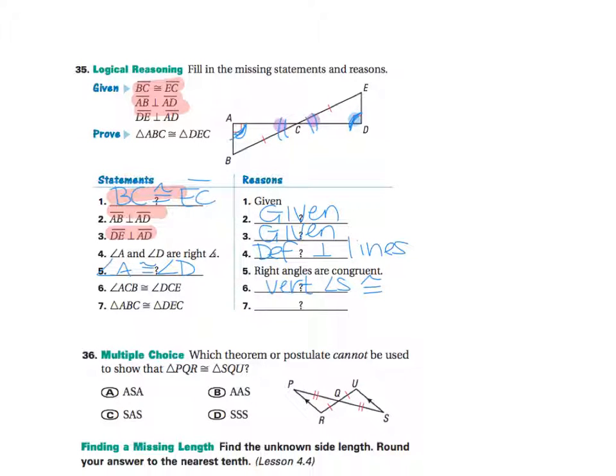So I have the right angles, then the purple angles, and then the yellow side. Okay, and hopefully that helped you with proofs.